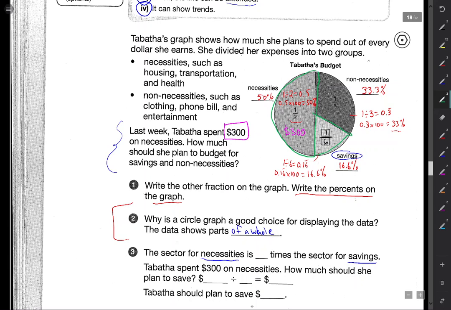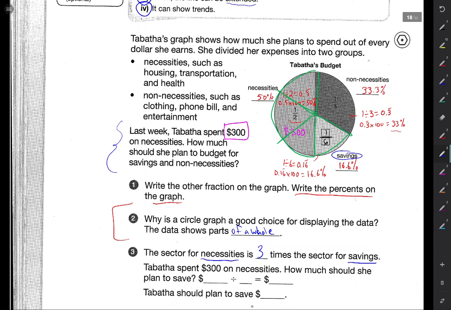So how many of these savings chunks could we fit into that necessities chunk? Well, if we split it up like we did before, we could fit 3 of those savings chunks into the necessities. So that means necessities is 3 times as big, or 3 times the sector for savings.